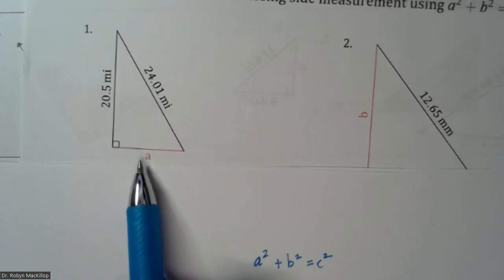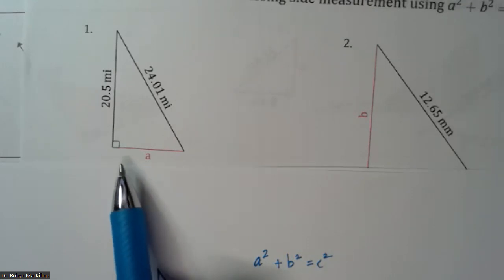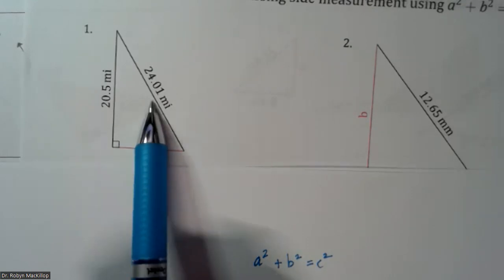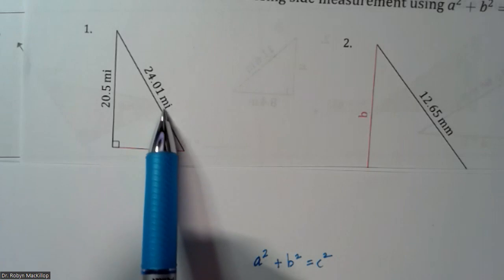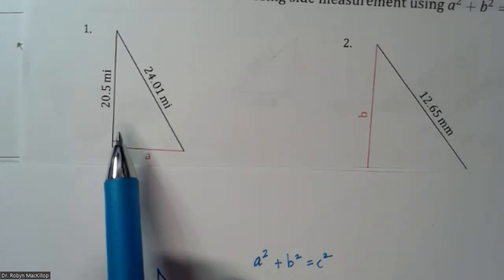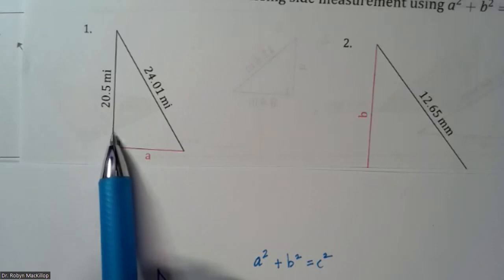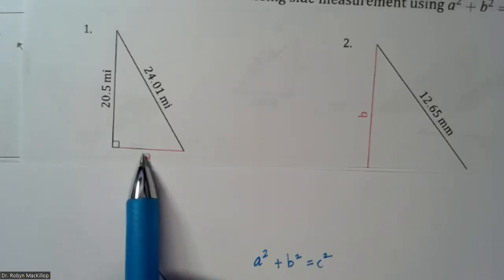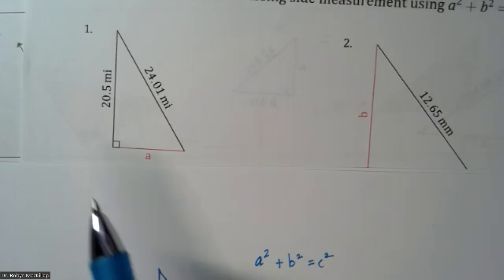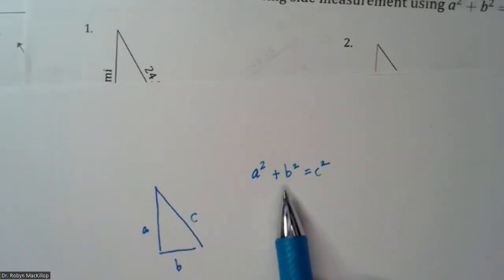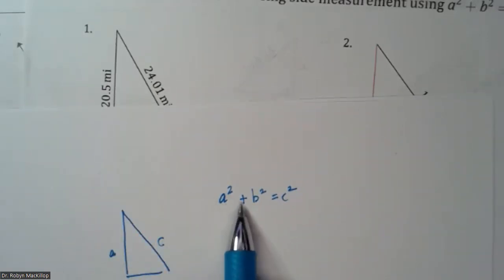Oh, look, they labeled this one. They put the A on the bottom. That's perfectly okay. This is your hypotenuse, the long side. This will be your B for this particular one, and this is our A. So we're looking for A. Let's fill in the formula with these measurements.